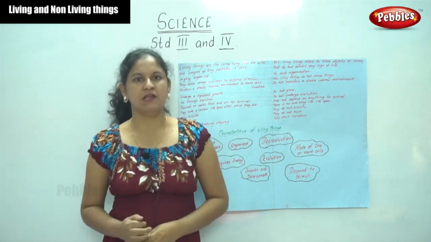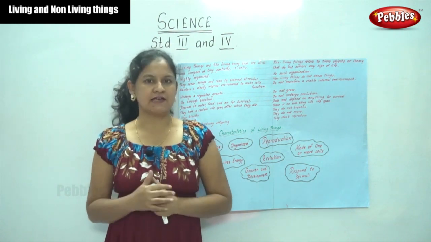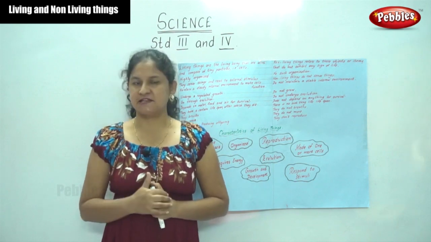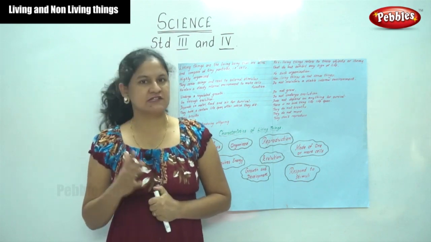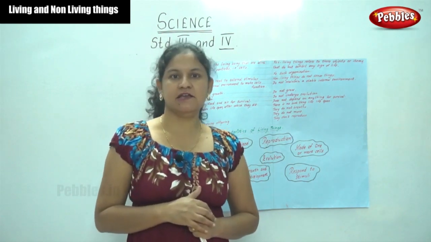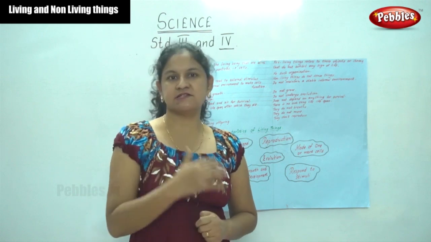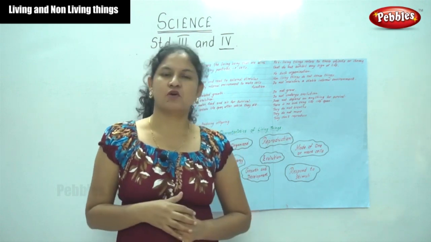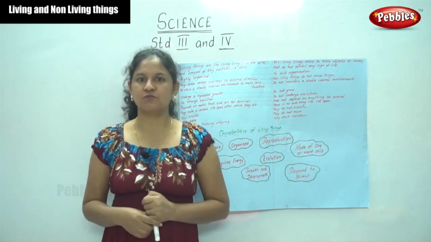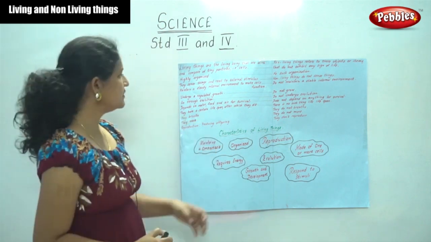For example, if we go near an animal, they tend to move away from us because they sense danger. Again, if we see a snake, our immediate response will be to hit it because it may cause harm, or a snake may move away on seeing a human because it may sense danger.